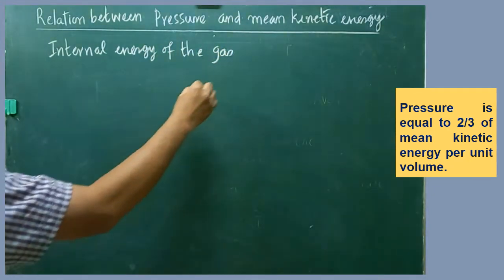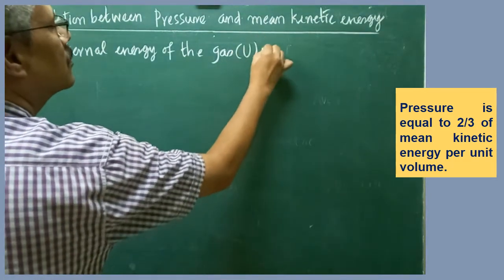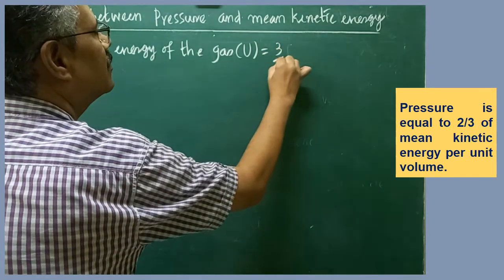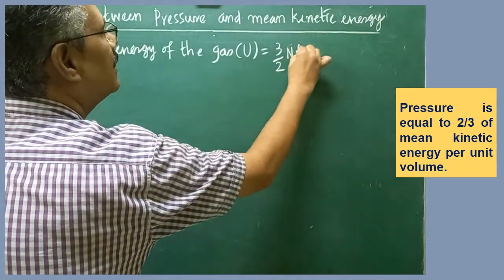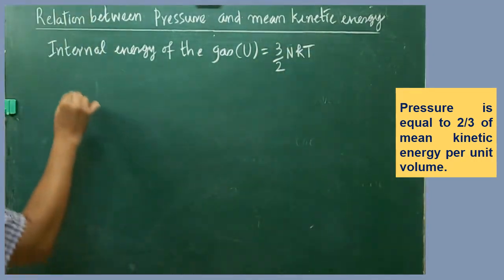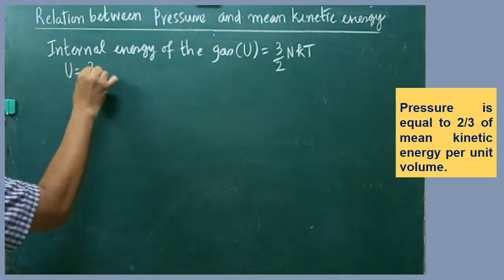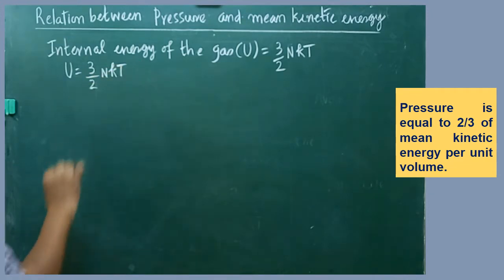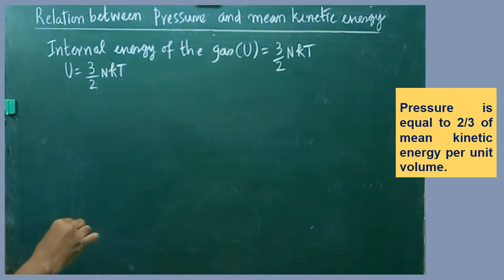That internal energy is denoted by the letter U. U is equal to 3 by 2 nkT. So this expression was derived already in the previous video.